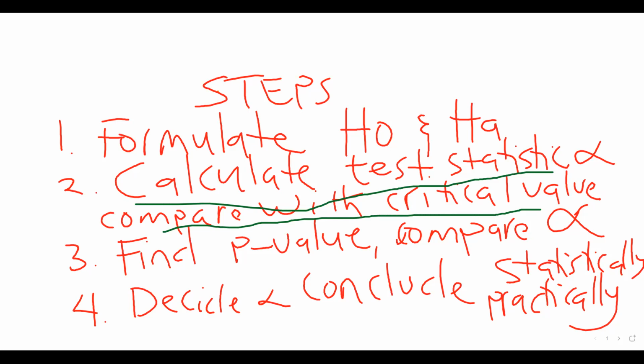Because, by the way, 1 minus the confidence level is the alpha. So if you are given 99% confidence, then you know that the level of significance is 1%. If you are given 95% confidence, then you know that the alpha is 5%. But most of the time you have these p-values.